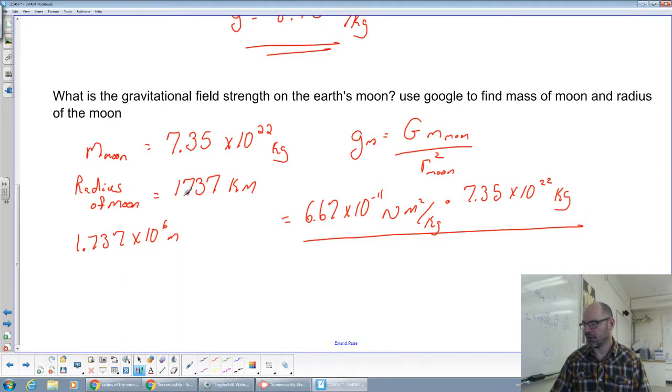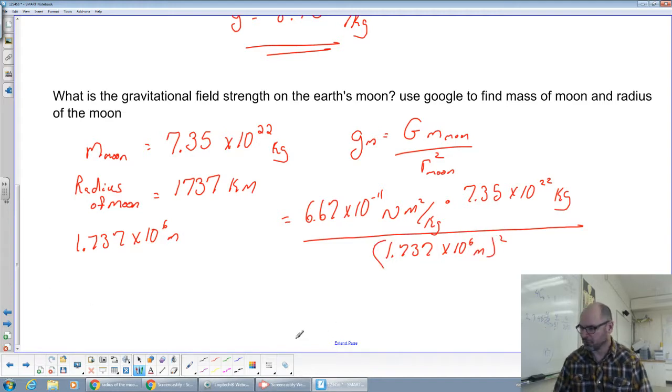So we'd have to add another 1,000 onto it, and in scientific notation that's what it would be. So 1.737 times 10 to the 6 meters squared.